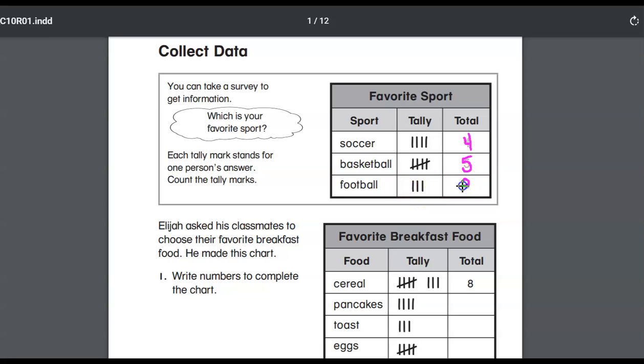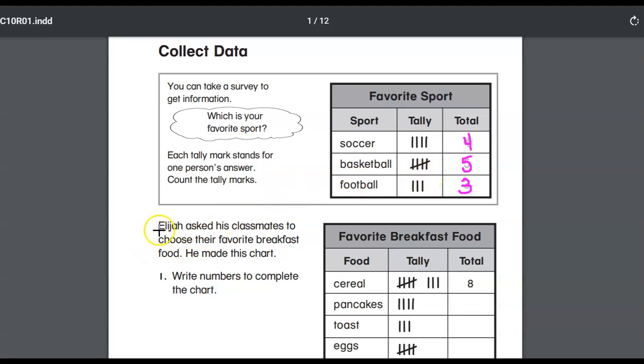So if I was looking at this table of favorite sports, I could tell which sport has the most likes. Basketball, right? Basketball has 5 tallies, which means 5 people voted for basketball as their favorite sport.